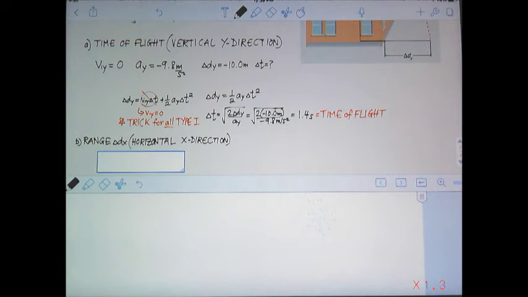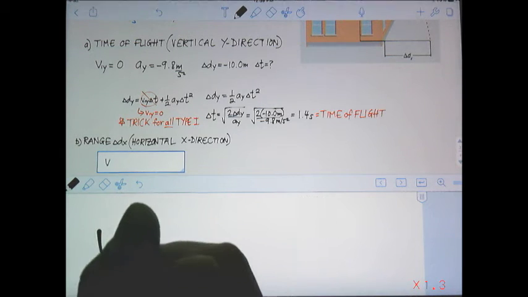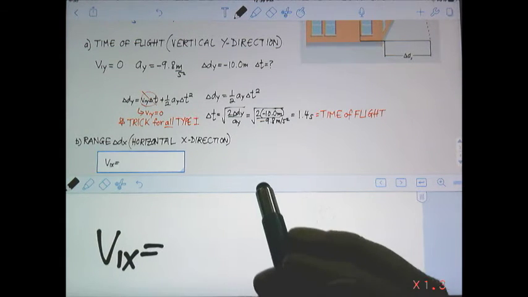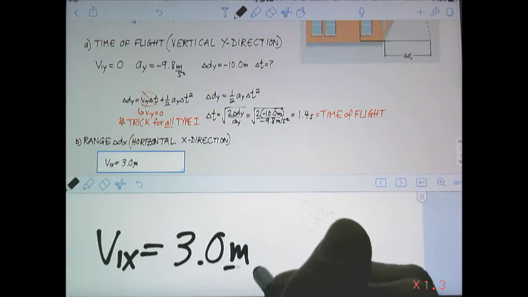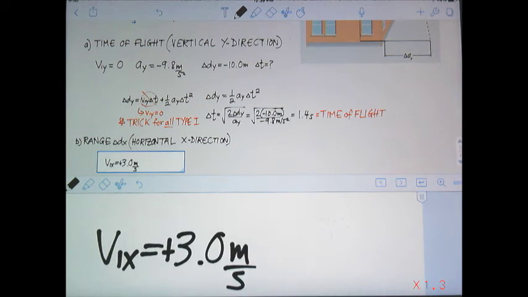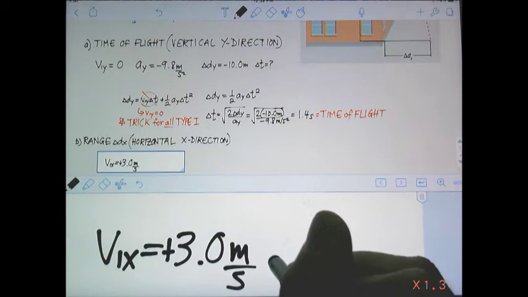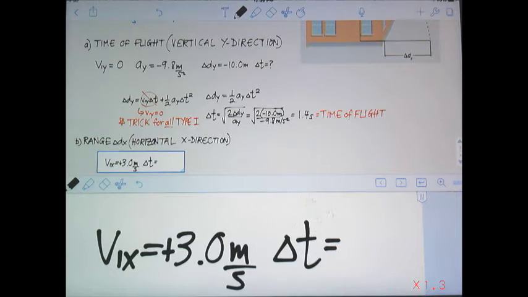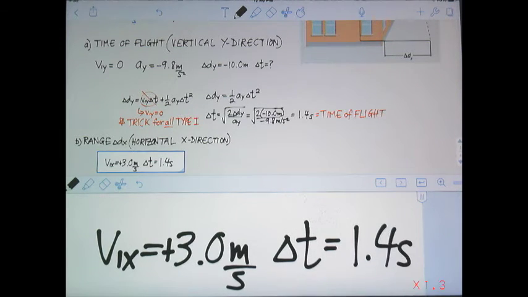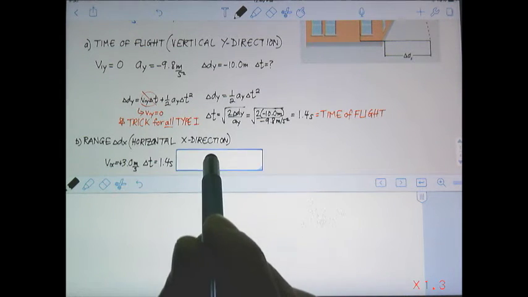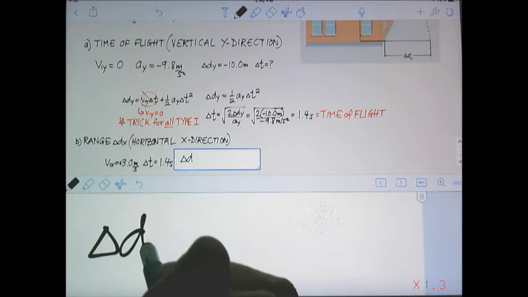So from the beginning, we said that our initial horizontal velocity is 3 meters per second, and it's a plus 3 meters per second because it's to the right. We've said that the time of flight can be used for both x and y directions. So the time of flight is known. It's 1.4 seconds. And they want us to find the range, delta dx.